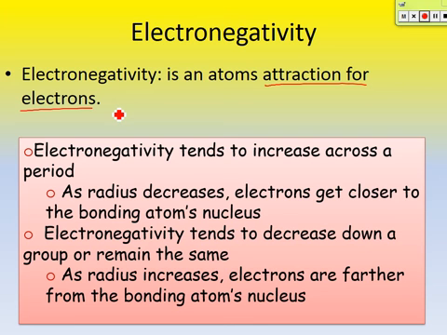Here's the trend. It tends to increase as you move across a period, so as you go from left to right, it increases. It also tends to decrease down a group. So as you move down, it decreases.